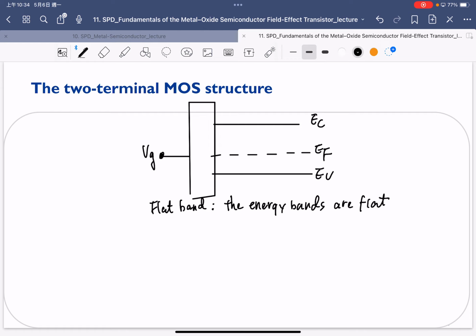So that means this is a case where no charge exists in the semiconductor.